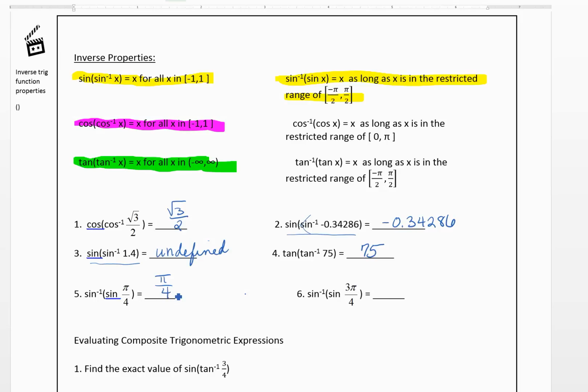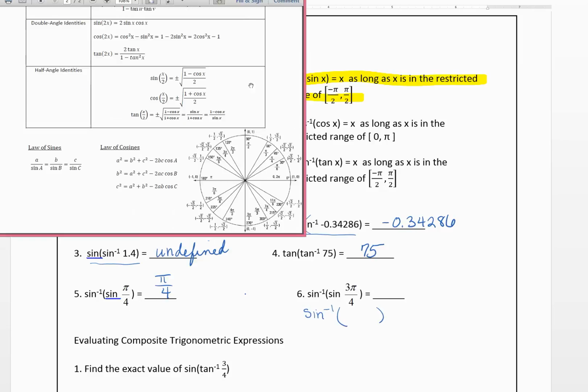Now what we have to be a little bit careful about is when it's not in that domain. So if we have sine inverse of sine of 3pi/4, 3pi/4 is not in there, so we have to work our way from the inside out. So we can't just say undefined, but we're going to say sine inverse, and then we're actually going to find what sine of 3pi/4 is. So we'll go to our unit circle and look up 3pi/4, and sine is square root of 2 over 2.